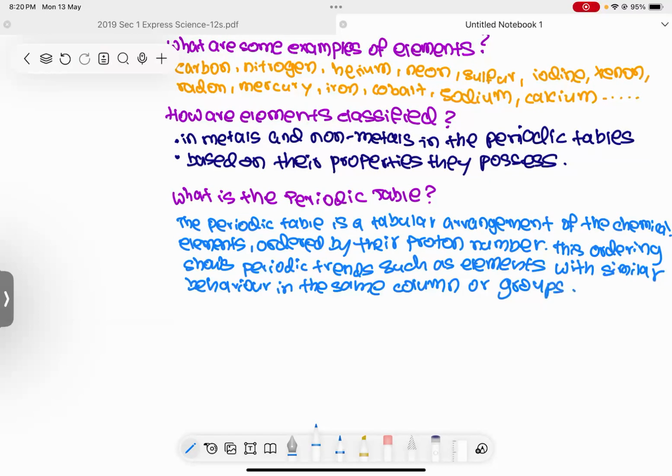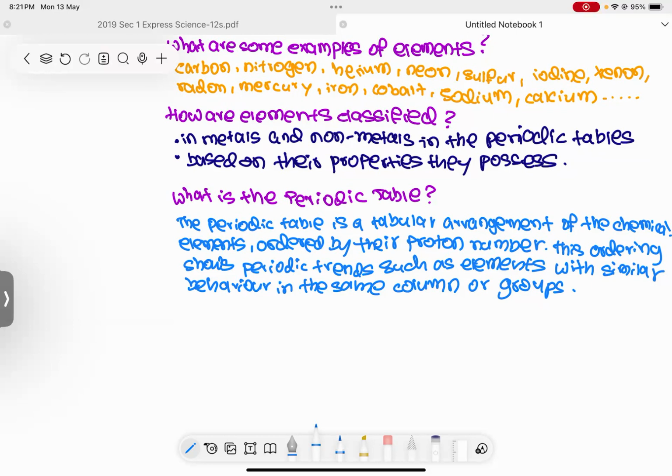So friends, you don't have to memorize this, because this is only what the periodic table is. This is just for your understanding. In the exam, don't worry, they are not going to ask you what is the periodic table. They're going to ask you a harder question.